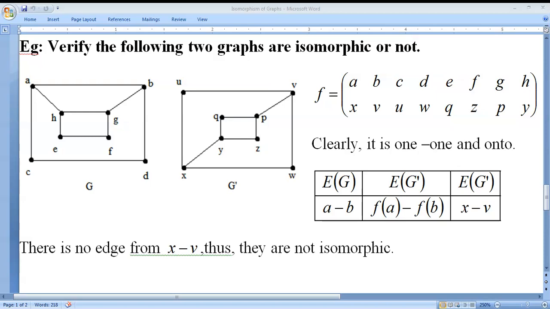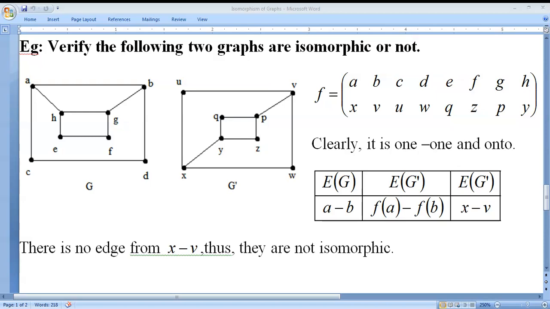If that is done, then it cannot be a bijective function, because for bijective it should be 1-1. If a is mapped onto x and f is also mapped onto x, then the 1-1 condition fails. That is, different elements in the domain must have different images in the codomain.